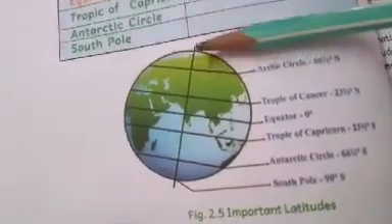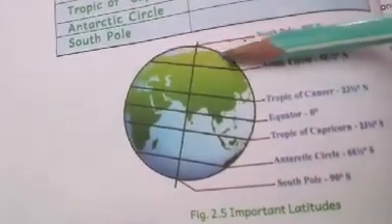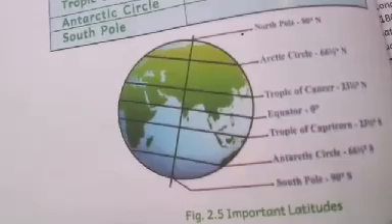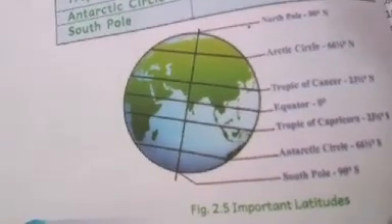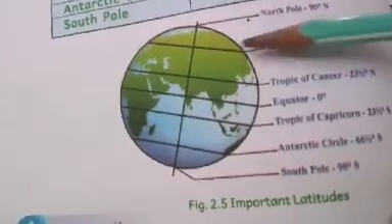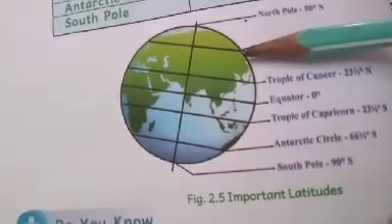Okay, look in the textbook. Here is the picture of a globe. And here the important latitudes are marked. And here at the north there is the North Pole. In the south there is the South Pole. And near the North Pole here, an important latitude you can see, this is called the Arctic Circle.